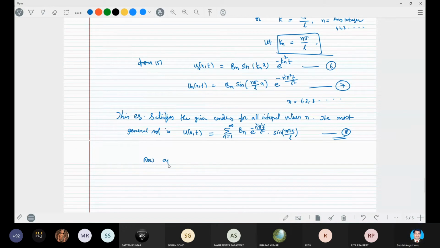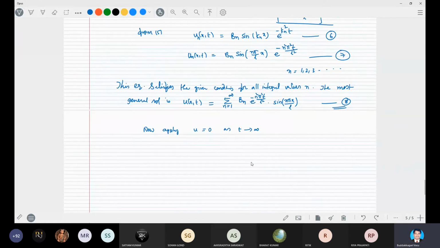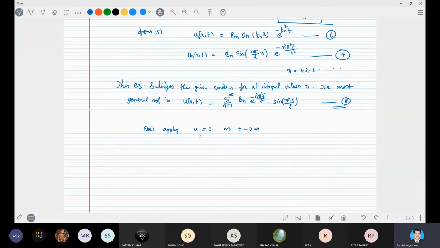Now apply the last condition which we have, u = 0 as t tends to infinity. We haven't used this. Using this condition, it can be determined.